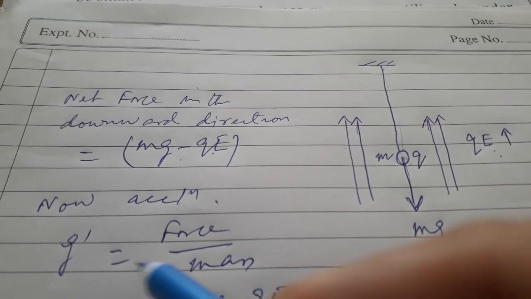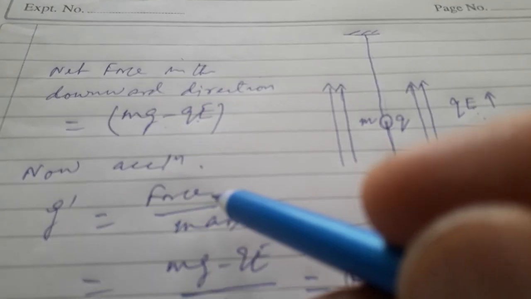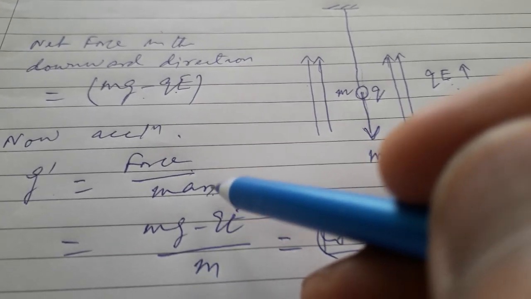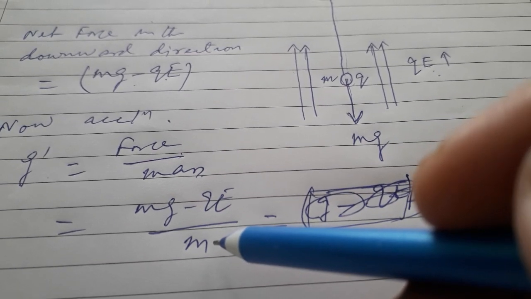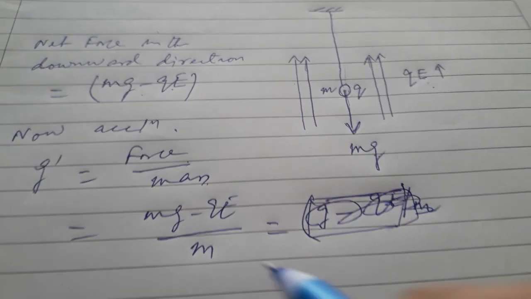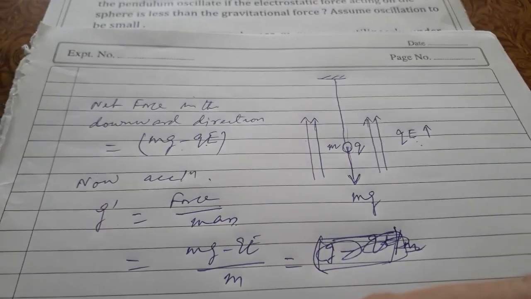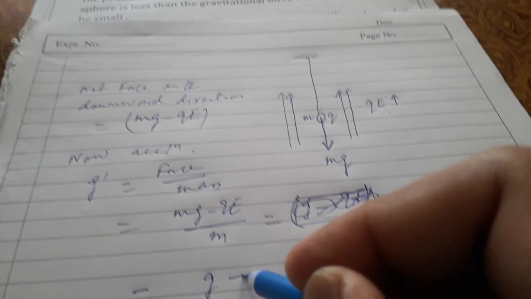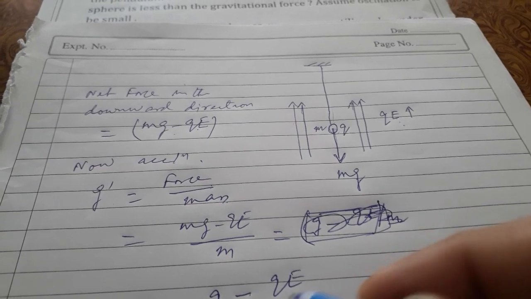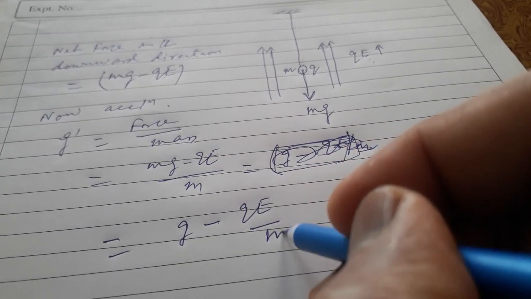Now for acceleration we write g dash equal to force by mass, and the force already calculated, mg minus QE, divided by m, which is equal to g minus QE by m.